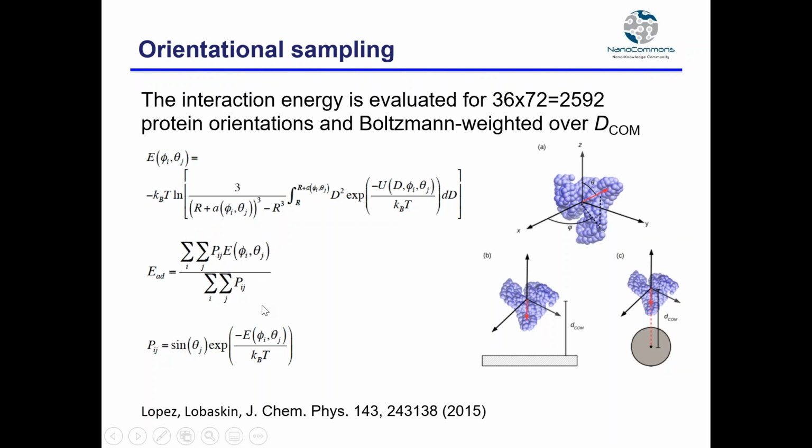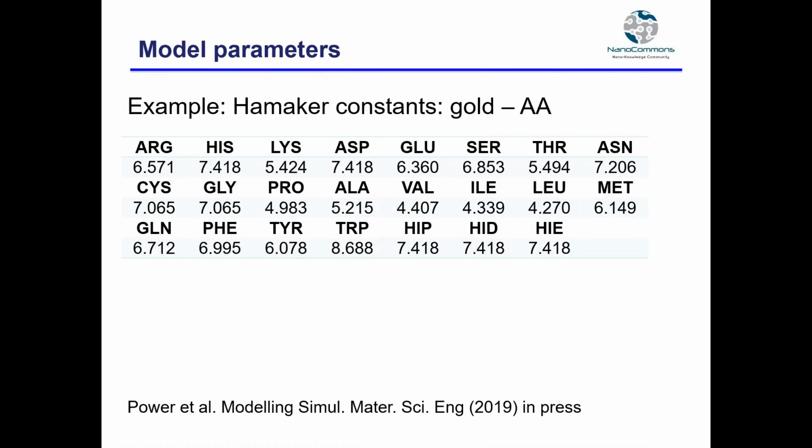And then finally, we calculate the overall absorption energy using this Boltzmann weighted average again. So the first line here generates a heat map, a single energy for each orientation, averaged over distances. And the second line gives the mean absorption energy for the entire protein, a single value.